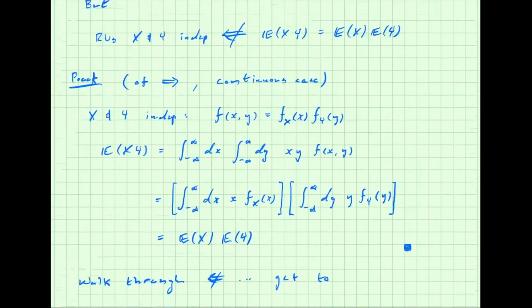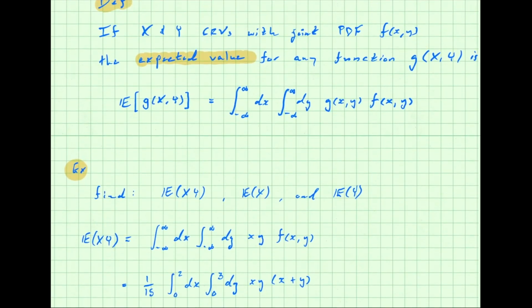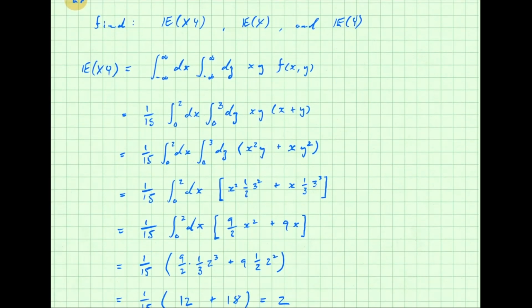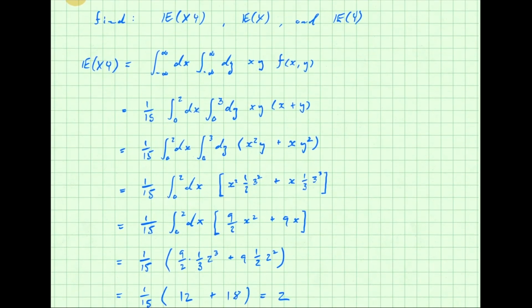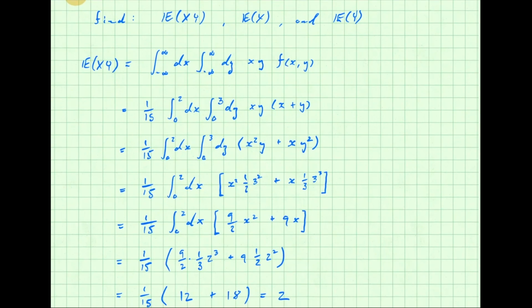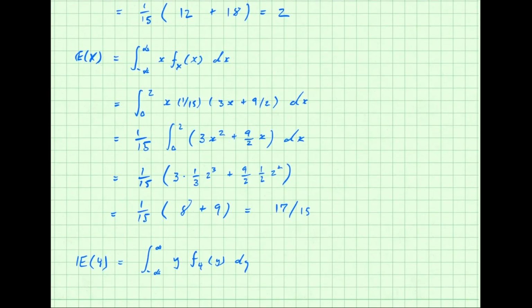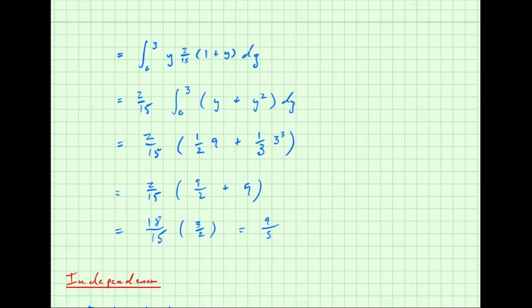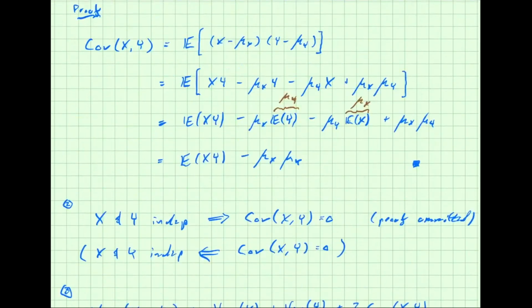Sorry about all this scrolling, I think that's probably hard on the eyes when you're watching this. So we found the expected value of their product. This is a long calculation we did with a bunch of integrals, and that was 2, right? And then we found the individual expected values, so 17/15 and 9/5. So we'll go back down. Those are the expected values that we need, right?